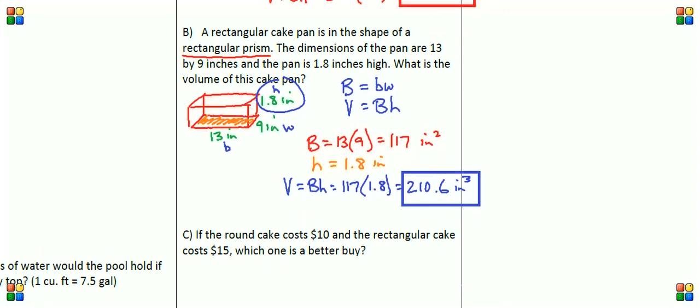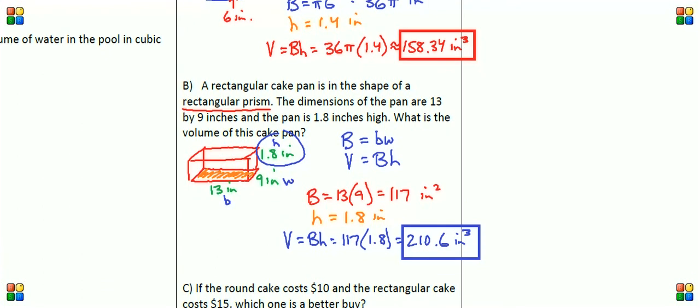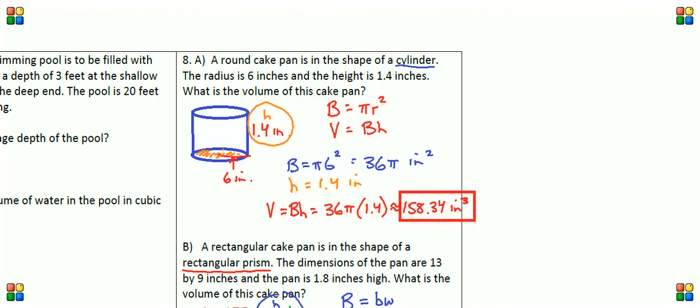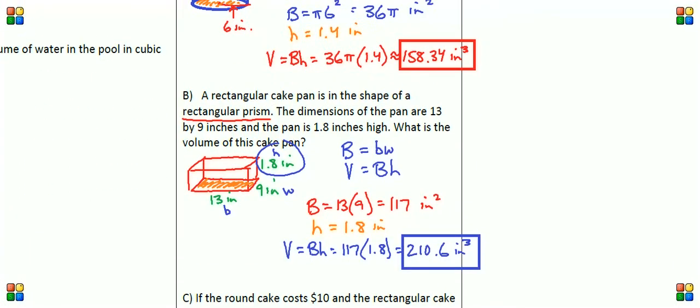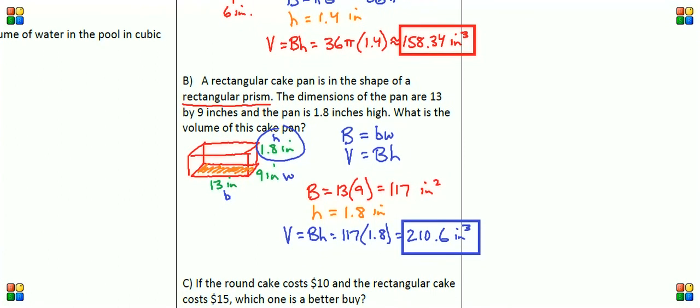But better buy is asking the question, which one is the least expensive per cubic inch? So we have to figure out how much does each of these cakes cost per cubic inch. We can't just look at the price and the size and get an answer. We got to figure out how to compare them with the exact same unit of measure.